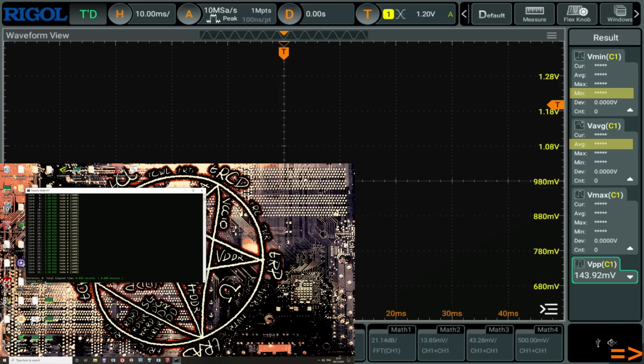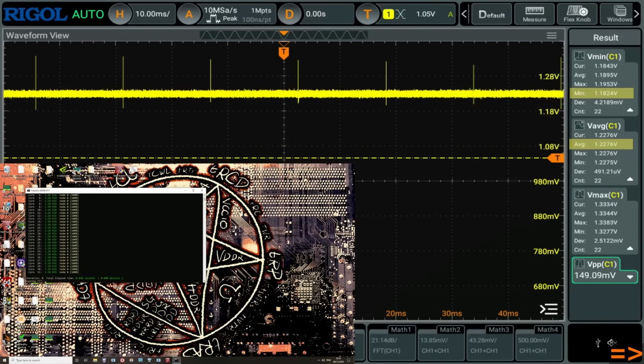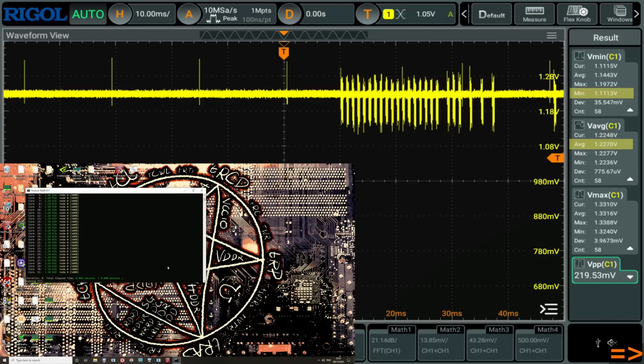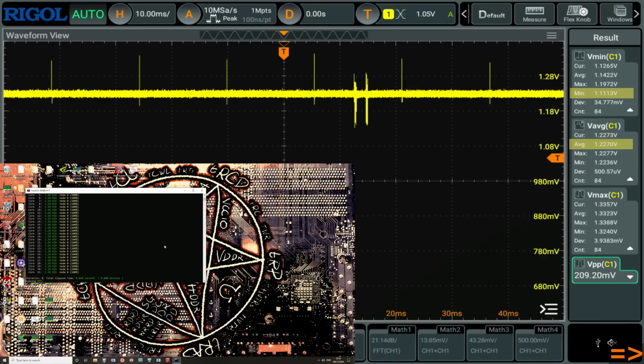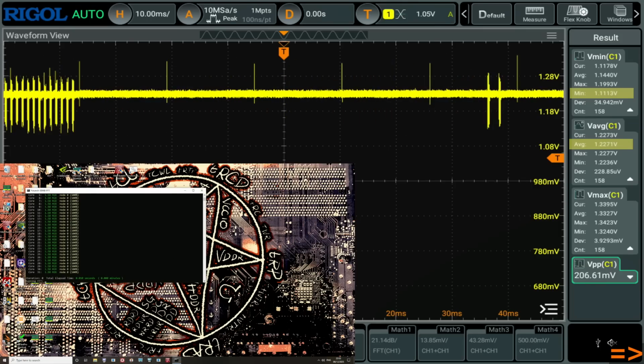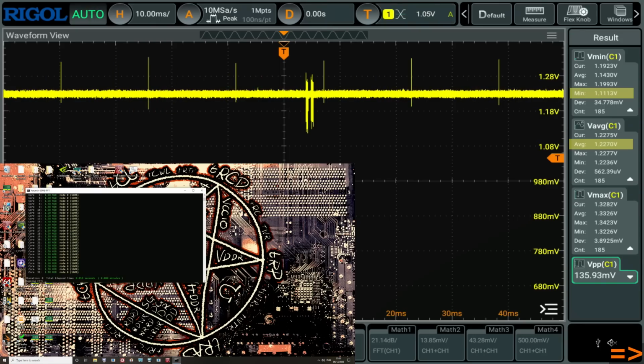So I'm just going to quickly clear the statistics, also move the trigger out of the way, and we're just going to move the mouse around a bit. And yeah, we're seeing minimum voltages that are way down. We're going below our idle voltage, which is really, really bad, right? Yeah, this is not great, which is not really that surprising.